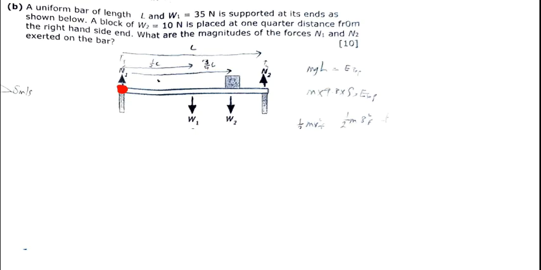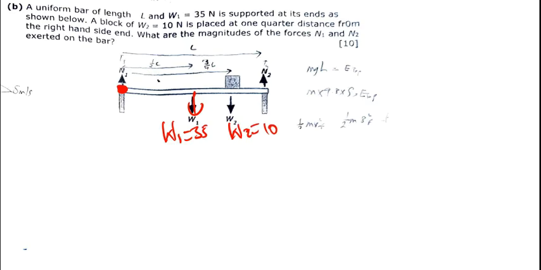When I get n1 as my pivot, what should we know? What we should know is that the torque at that point is going to be 0 for n1, meaning I'm not going to consider n1 for that. Now, we know that the forces which are going downward here, W1, which is 35, W2, which is 10.